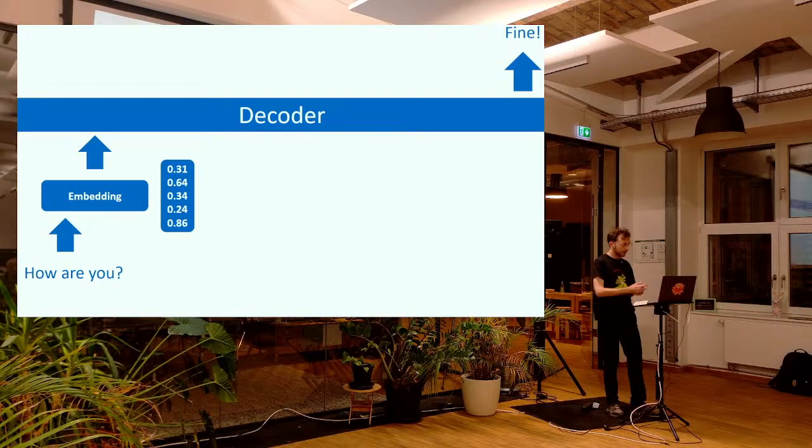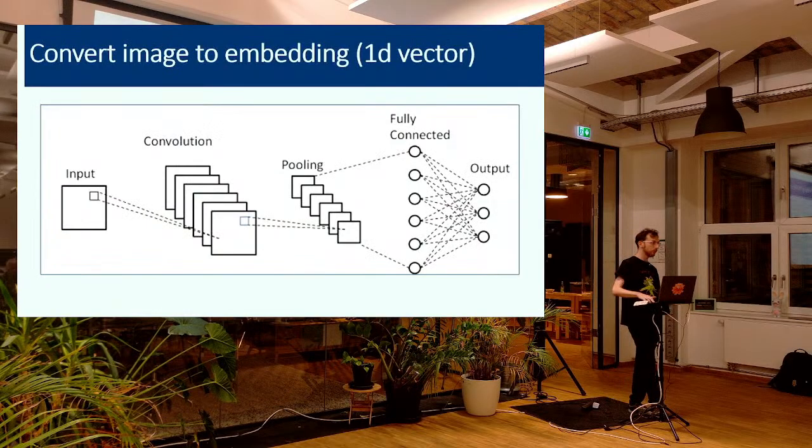So what can we do if we want to create not text to text, as we usually have with LLMs, but image to text? We need to take an image and convert that into an embedding, which is pretty simple. I'm not going to go into the details, but if you've ever done a bit of machine learning, there's something called a convolutional neural network, which takes an image, extracts the different features, the different elements of the texture, and converts this into a vector.